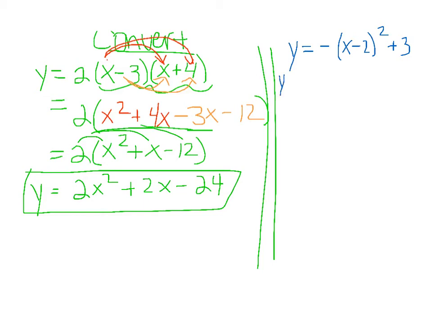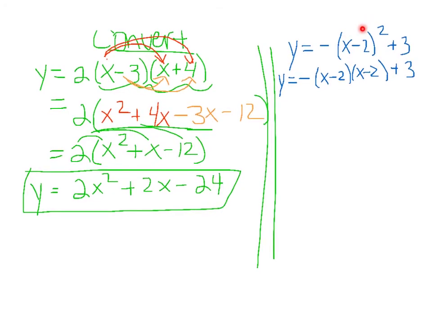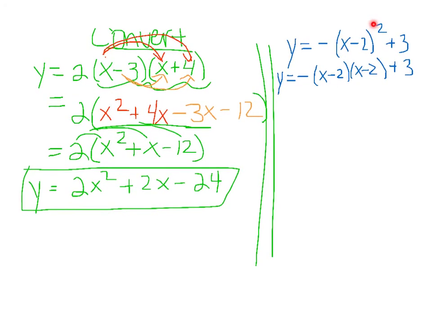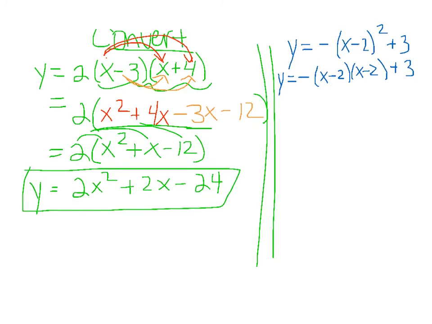So I'm going to rewrite this as y equals negative x minus 2 times x minus 2 plus 3. One of the biggest mistakes I see is people trying to distribute this squared, saying x squared minus 2 squared, which would be positive 4. That is not how it distributes, so please don't do that. You want to make sure that you rewrite it out, and we're going to distribute from there.